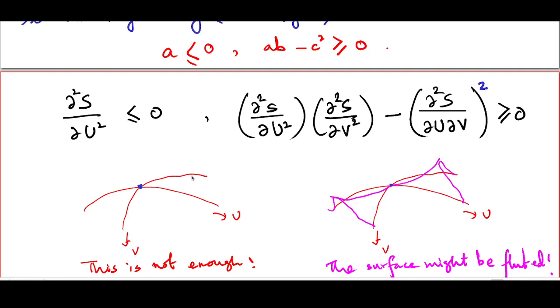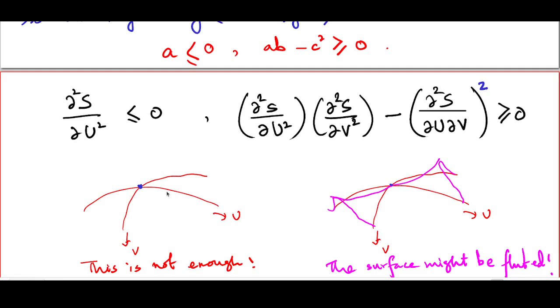delta u is 0. Now, if del 2s del u2 were negative and you were moving only along this line, that is the line with delta v equal to 0, then the deviation from the local tangent, this straight line here, remember we are just looking at this curve, so the tangent would be just a straight line, would be given by the term 1/2 del 2s del u2 delta u whole square.